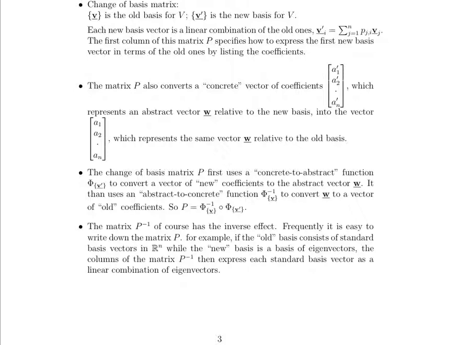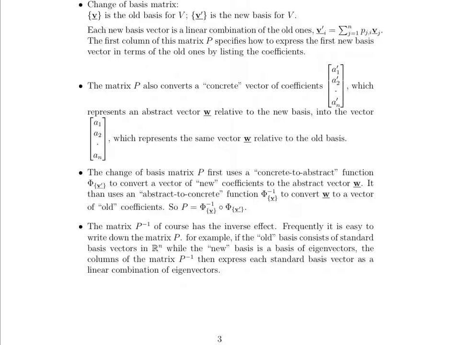So the question here is, what is P really doing? Well, it's going to take one of these vectors, which is like an abbreviation, right? All of these encoded coefficients here that express a linear combination in the new basis, and it's going to spit out another vector that is playing the same role. All of these components are encoded coefficients for the old basis.